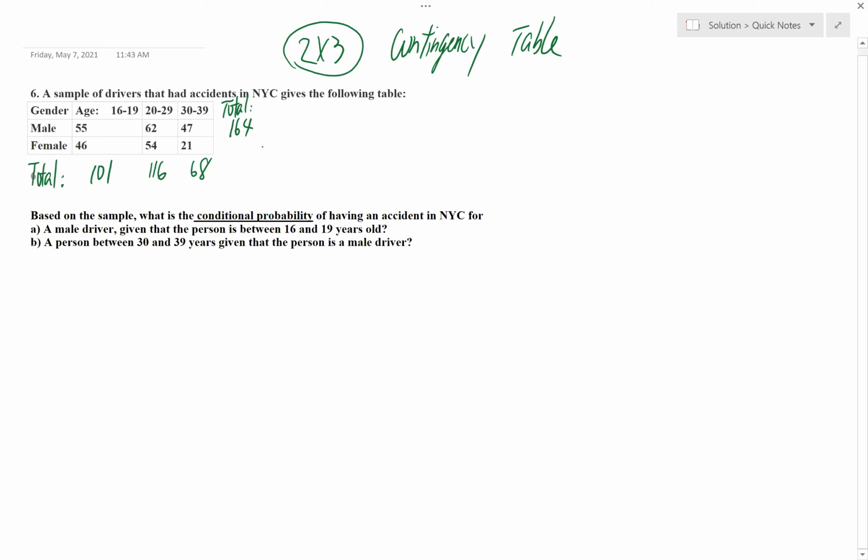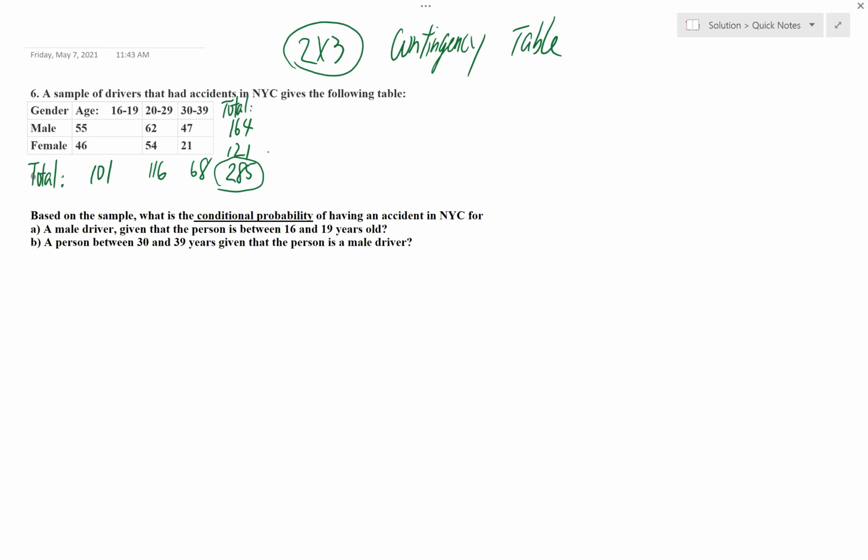Meaning in this particular survey, we have 164 male members, and then female members should be 46 adding 54, that's 100 adding 21. So it's 121. And this is the total amount. So sum up 164 adding 121, you get 285. Meaning we have 285 people being surveyed in this particular study.